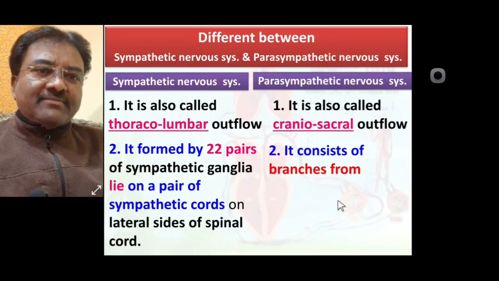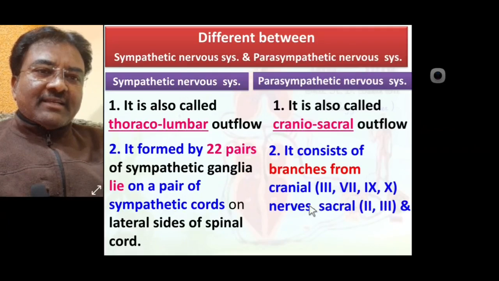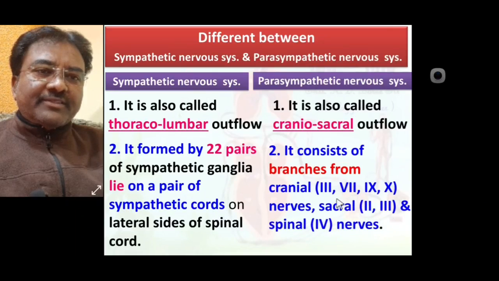The parasympathetic nervous system consists of branches from the cranial 3rd, 7th, 9th and 10th nerves, the sacral 2nd and 3rd nerves, and the spinal 4th nerve.